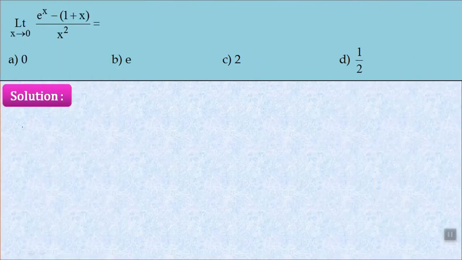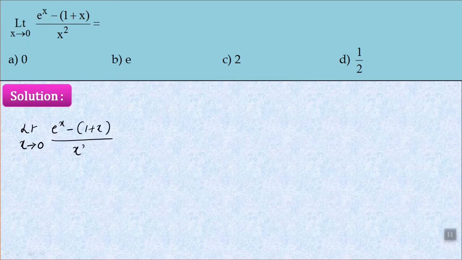Here the question is limit x tends to 0 of (e power x minus (1 plus x)) divided by x square.